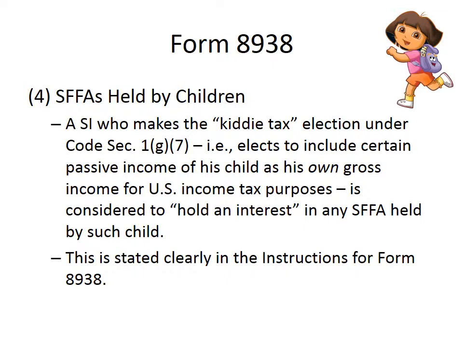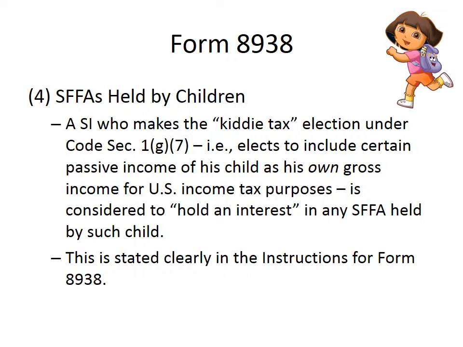So that is a mouthful. Let's go through it once again. We have a specified individual. That individual makes the kiddie tax election under Code Section 1(g)(7). Now, what do we mean by making the kiddie tax election? He or she elects to include certain passive income of his child as his own gross income for U.S. tax purposes.